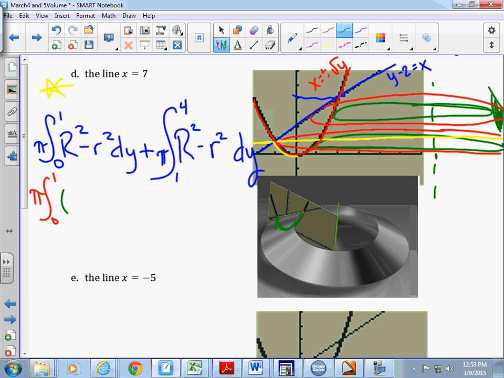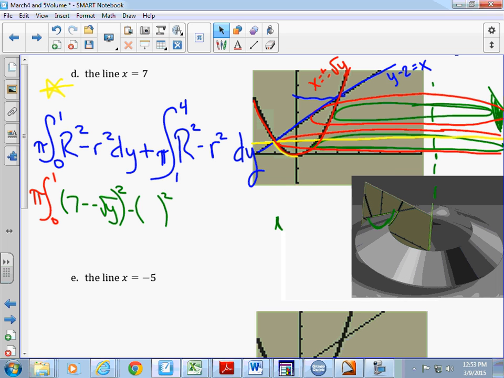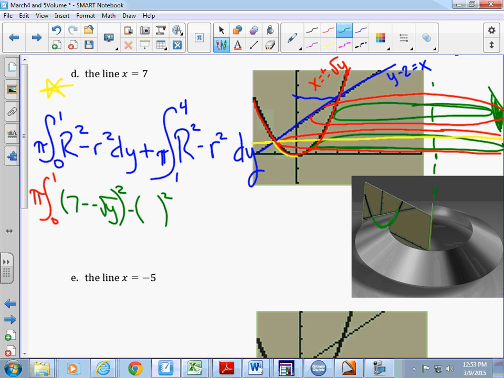So we're going to do 7 minus negative square root of y. And then the inside radius, green, is 7 minus the square root of y.